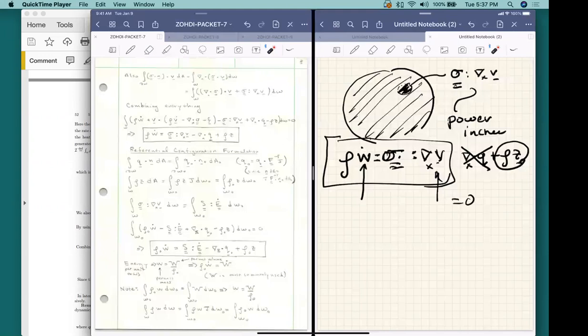So this equation is important enough for me to write it one more time very neatly here, because it has some implications that make it a little bit more important than just simply an equation at the points inside the body. So let me draw a little cartoon.